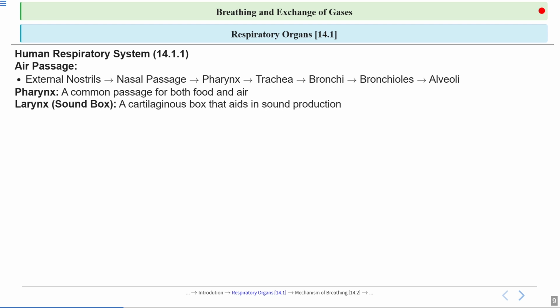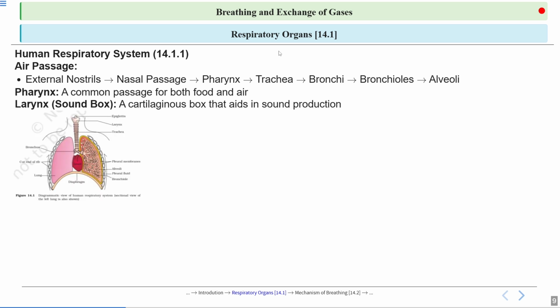Okay, then from the pharynx the air enters into the larynx. Larynx is known as the sound box. It is a cartilaginous box that aids in sound production. So here you can see in this image, air enters through the external nostrils, then it reaches the nasal chamber, then the pharynx, then the larynx. Here you can see this is the larynx.